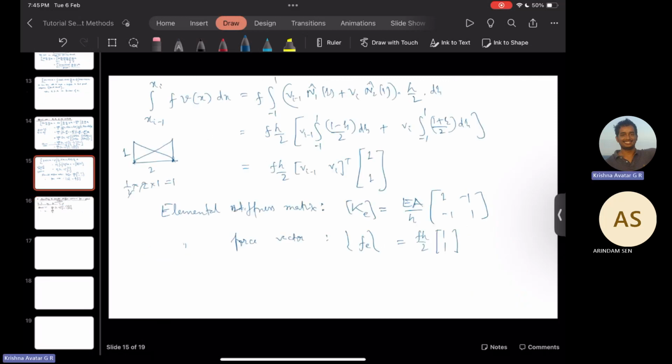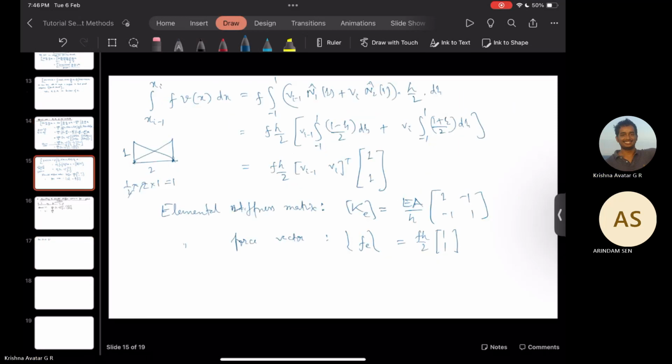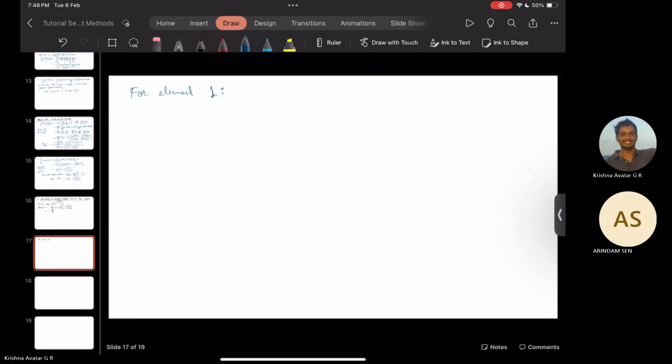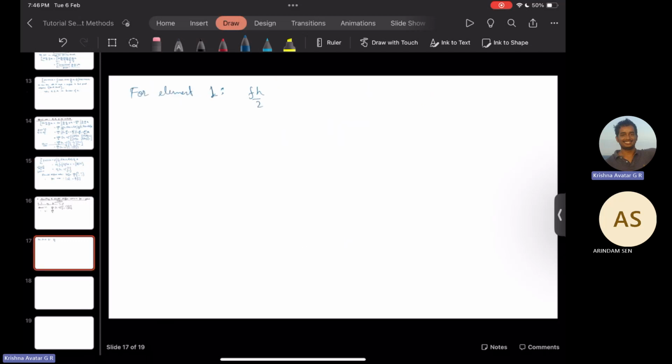Now let's carry out a similar exercise for our force vector assembly. So we know that we have F for element 1. The expression is F of H by 2, V naught, V1 transpose 1 1.